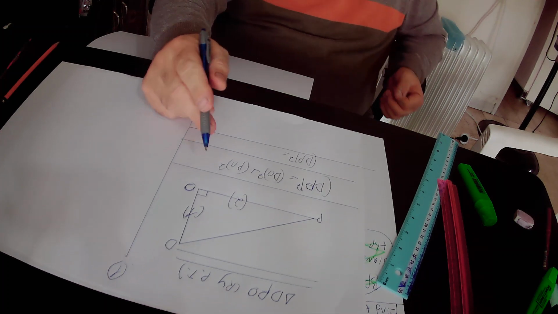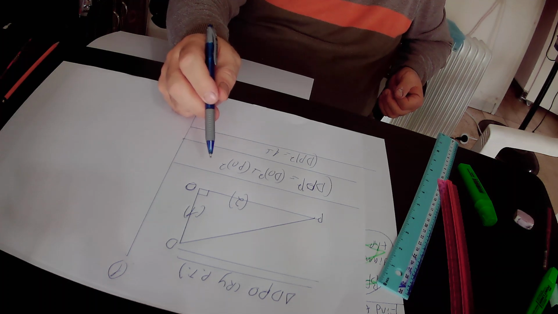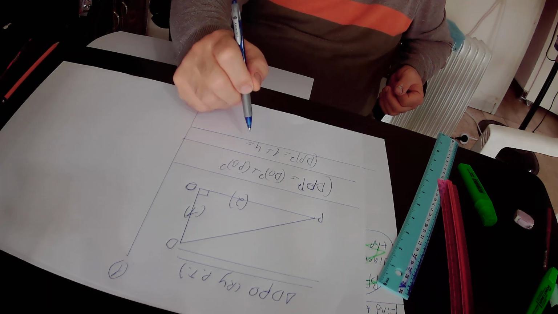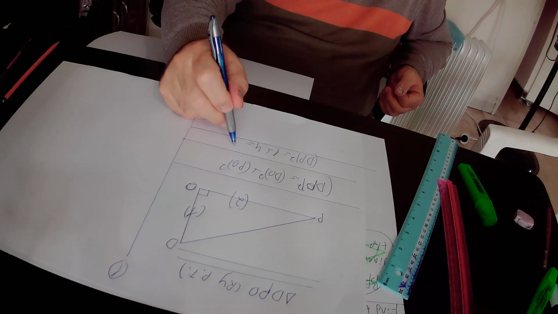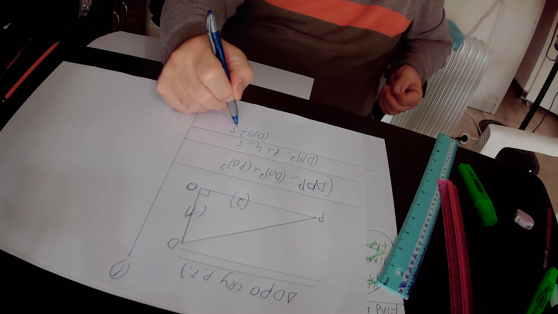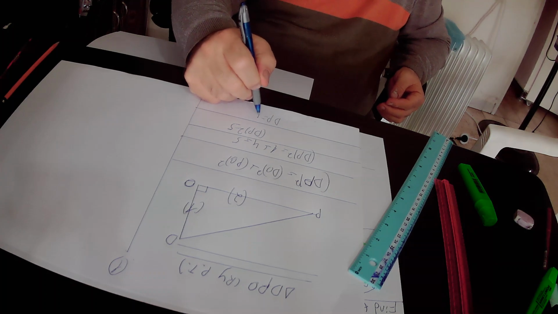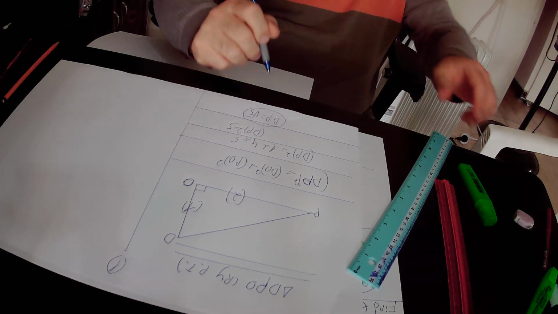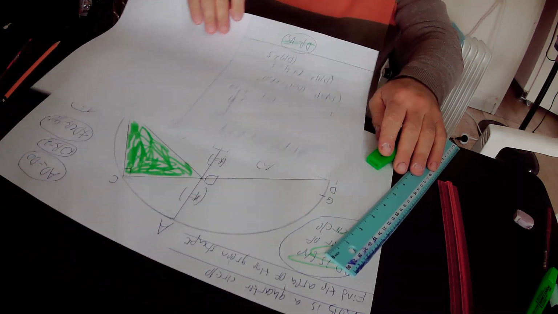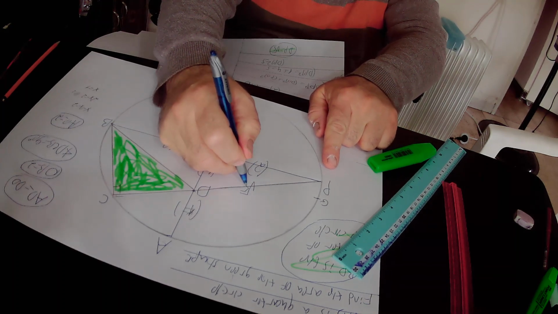DO is 1, therefore DO square is 1 square, that is 1, plus PO square. PO is 2, therefore PO square is 2 square, that is 4. So in total, DP square equals 1 plus 4, that is 5. We take the square root of both sides of this equation, and you get that DP equals the square root of 5 units in length.